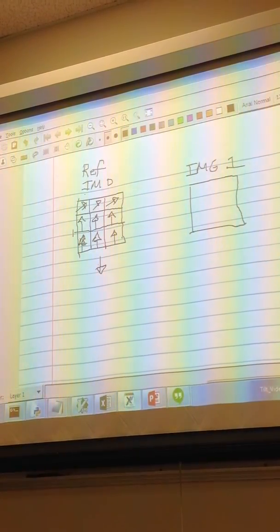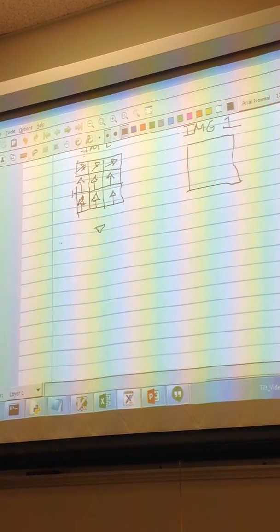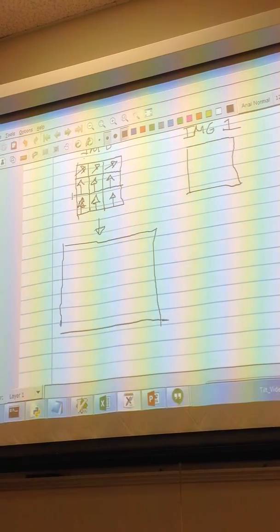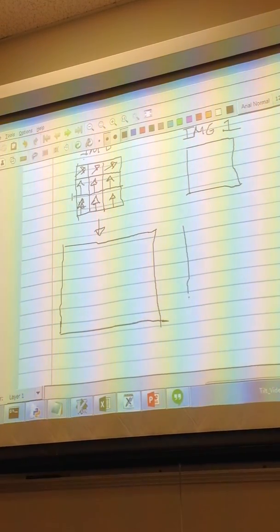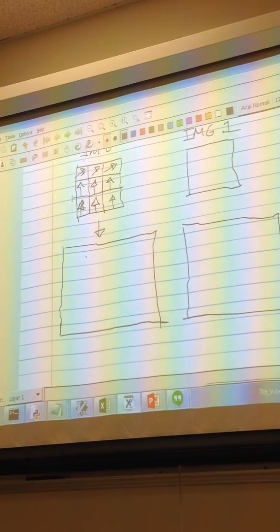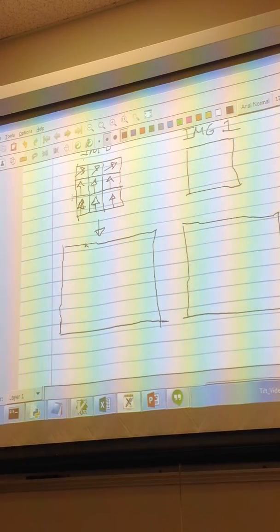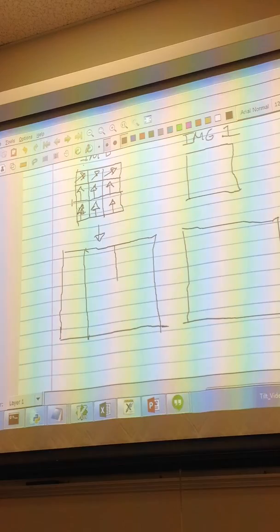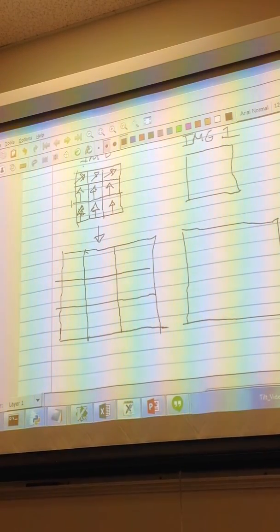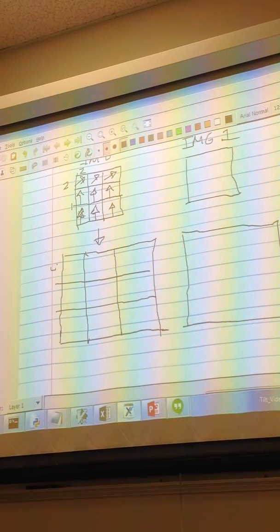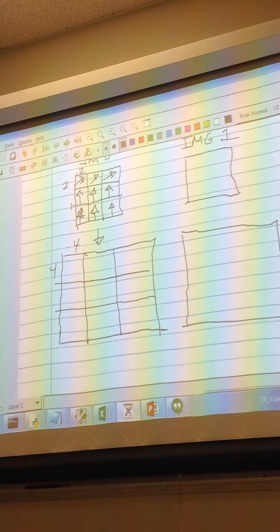So given these motion vectors, we want to pass them up to the next level. And the next level is going to be a bigger image. Okay. And over here in image 1 is a bigger image. All right, so let's divide this guy up then. If these blocks here are 2 by 2 in this image, they're going to be 4 by 4 in this image.